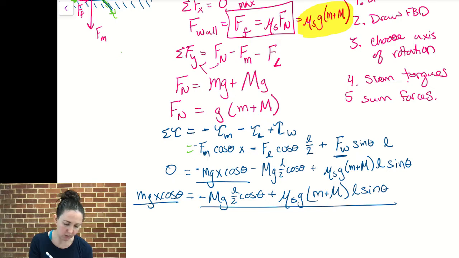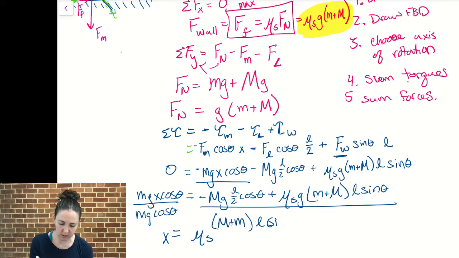Divide everything across, divide mg cosine theta across. With a little bit of math and pulling some things out, we will see that we get x equals mu sub s, big M plus little m, times L sine theta over m cosine theta, minus big M over little m times L over 2.